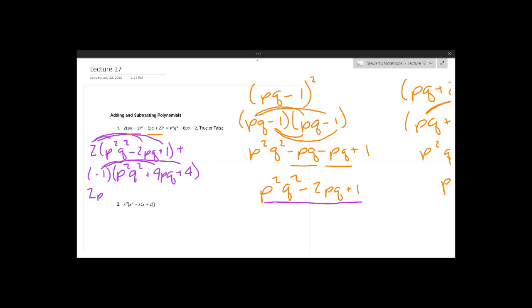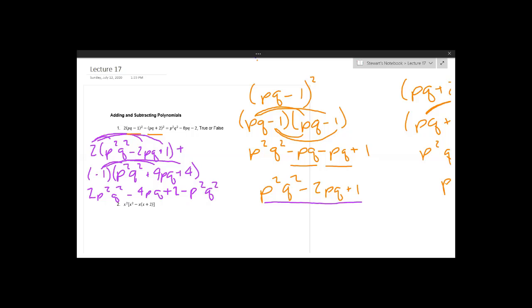So what we're going to end up with, from the first line, is 2p squared q squared. 2 times -2 would be minus 4pq. I'm sorry, plus 2. And then from the second line, we're going to have minus p squared q squared.